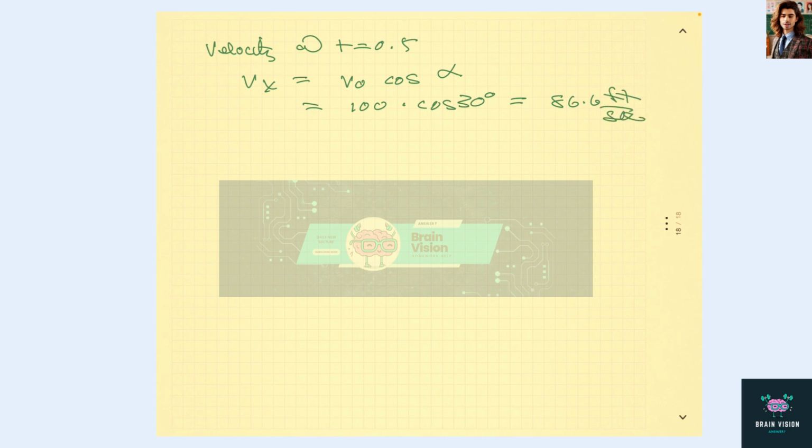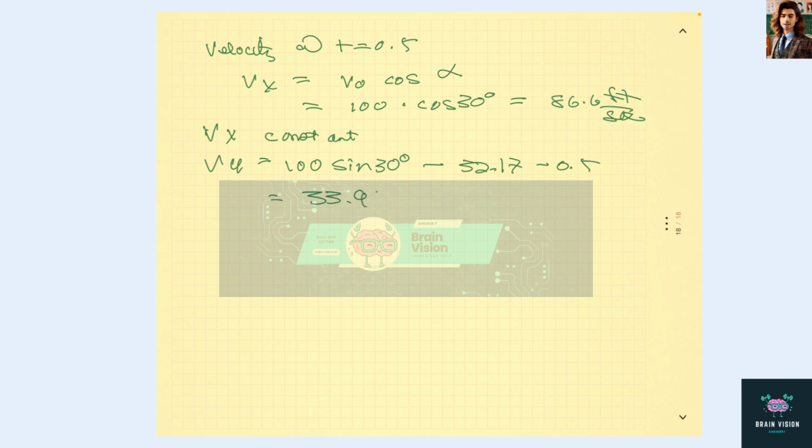The velocity in the x direction is constant. And vy will be 100 times the sine of 30 degrees minus 32.17 times 0.5. And this will equal 33.91 feet per second.